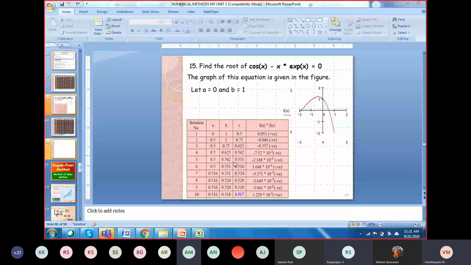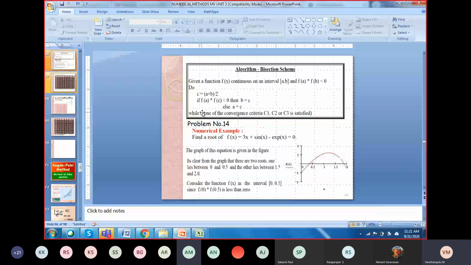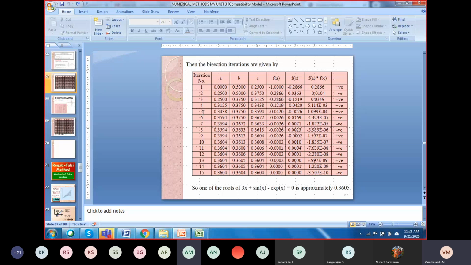For this particular problem, at iteration number 5, the C value is 0.531. Therefore, the solution for this particular case is 0.531. Concerning the earlier problem, our solution is 0.3594. The deviation from the accurate result is limited, therefore we can consider this to be acceptable.